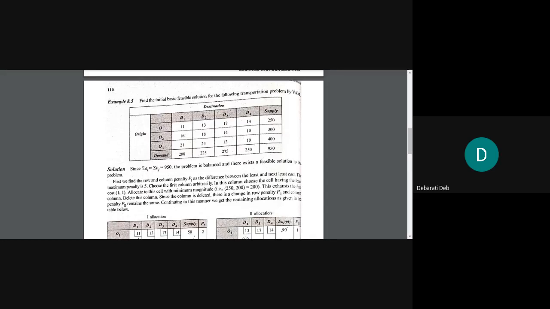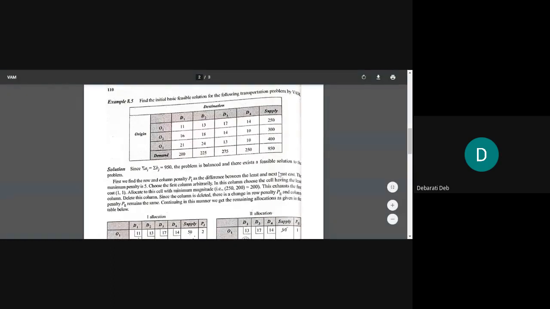Done? Have you done the first allocation table? Have you made the structure?